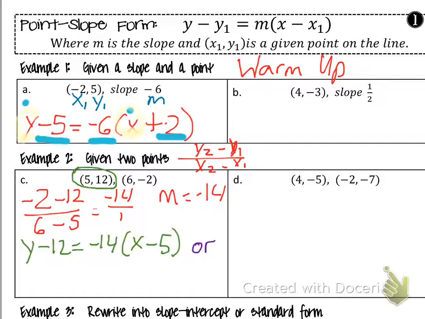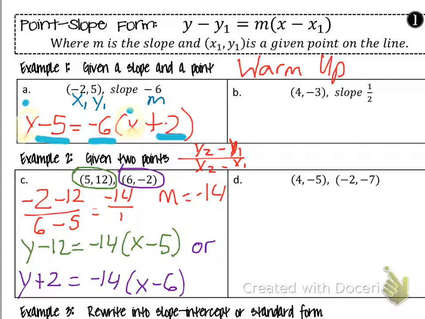Now, the other possible equation is if you use this point, y minus your y value, which is negative 2. Well, I have a minus and negative. If your point is already negative, then it's going to make it positive. Negative 14 x minus 6.